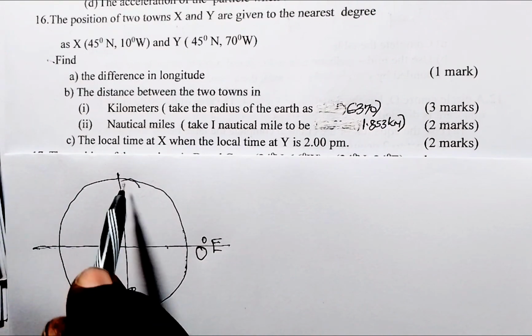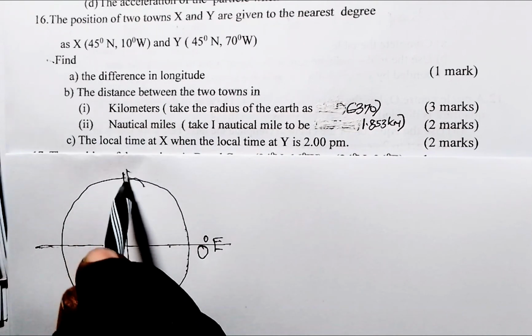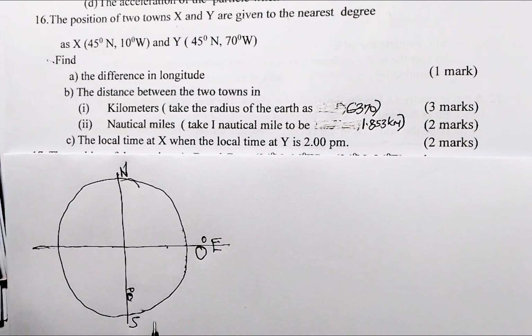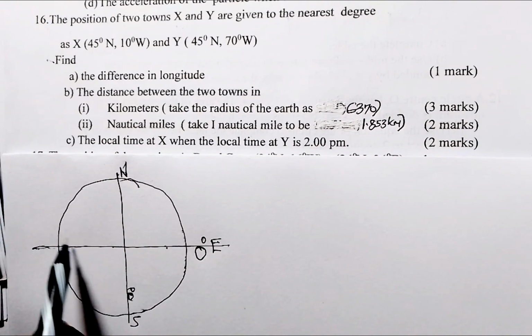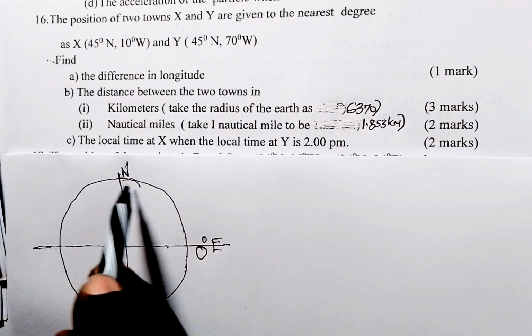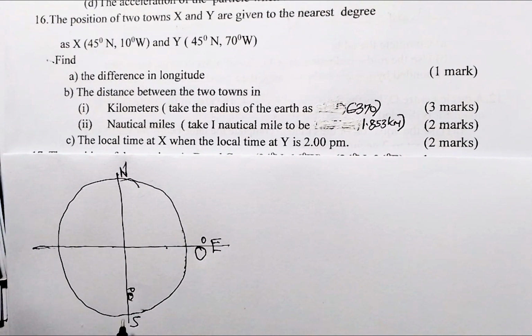This will be the North Pole and this will be the South Pole. Any angle measured due north will increase from 0 up to 90, and due south from 0 up to 90.